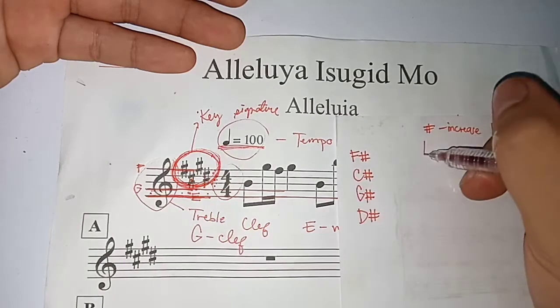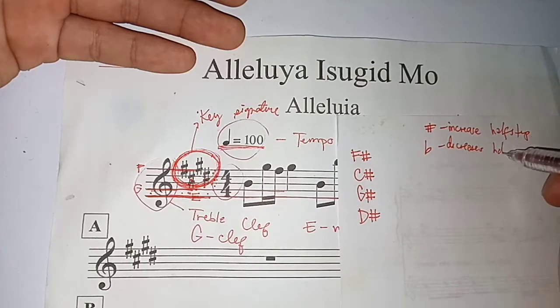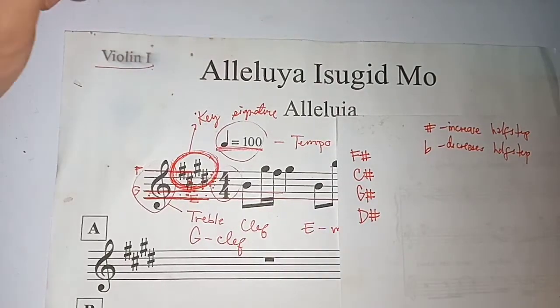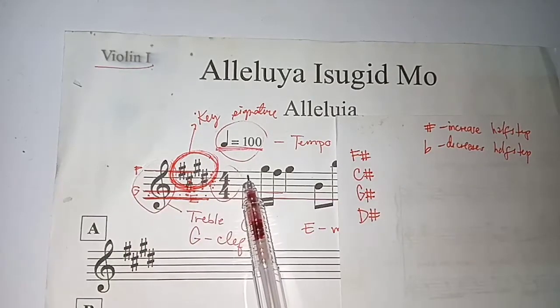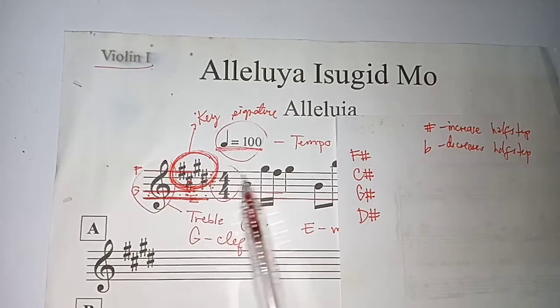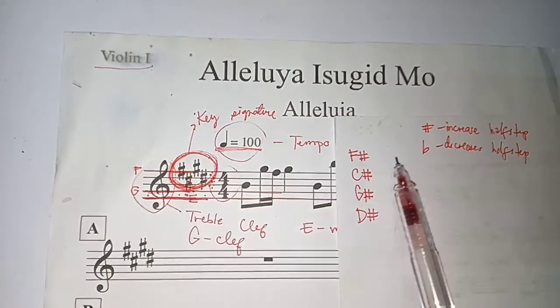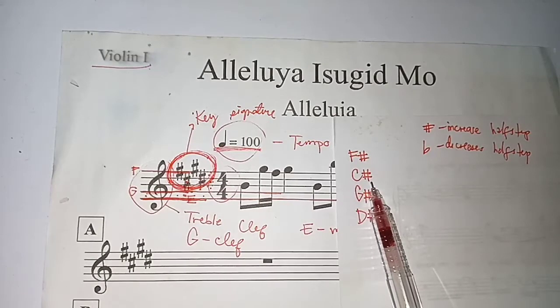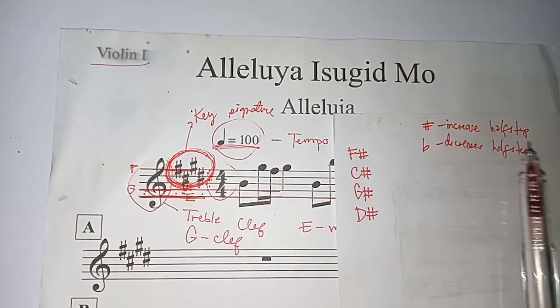The same with the flat, only it decreases by a half step. So every space and every line with a sharp, we have to play with a sharp symbol. The function of a sharp in playing an instrument is a half step increase.